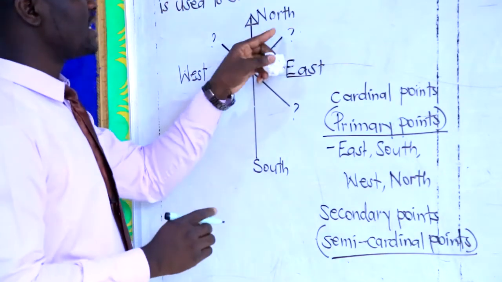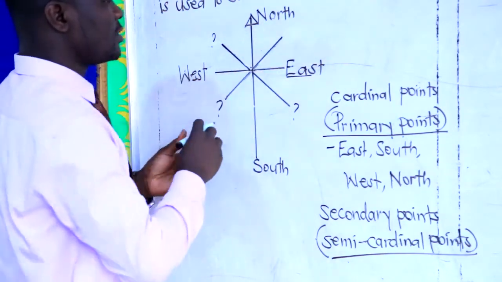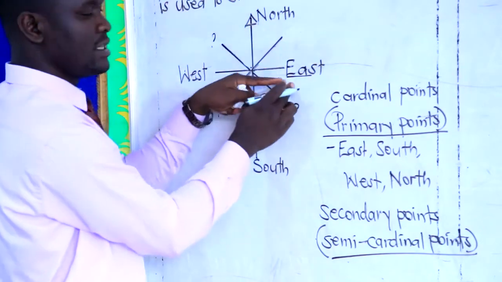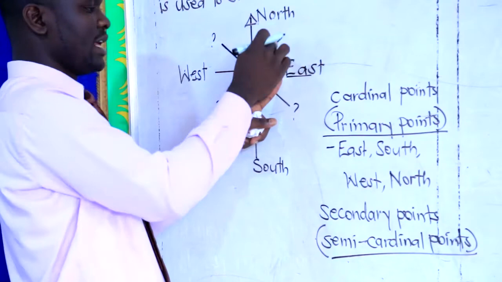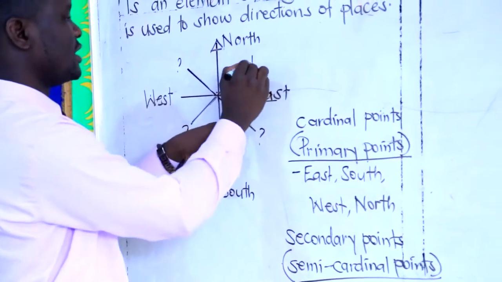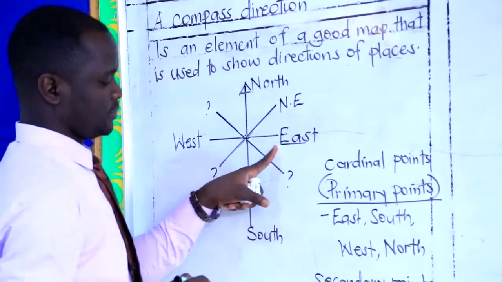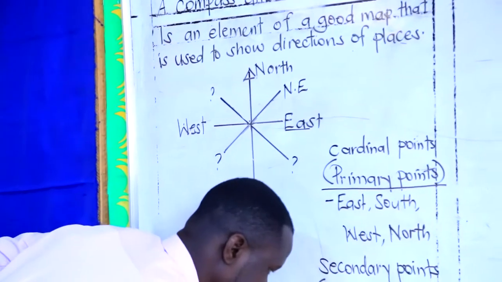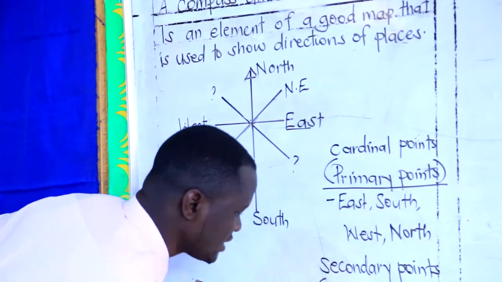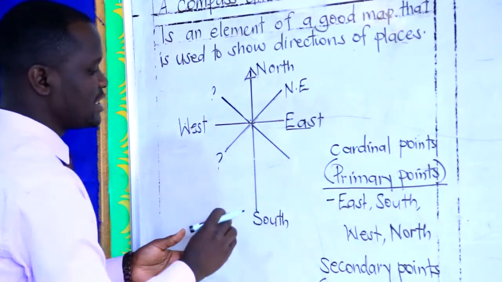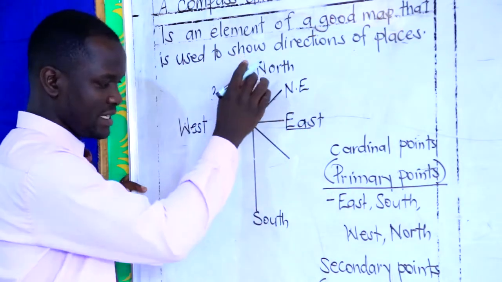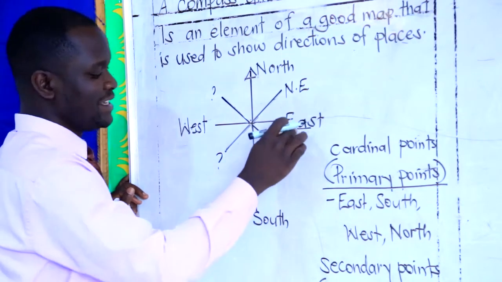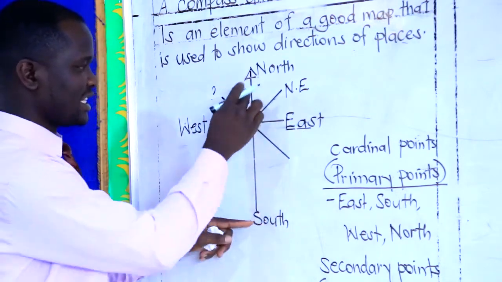This is going to be given the name northeast, because it's between north and east. Then the other one is between south and east. We can't say east, south. No, we begin with either north or south.